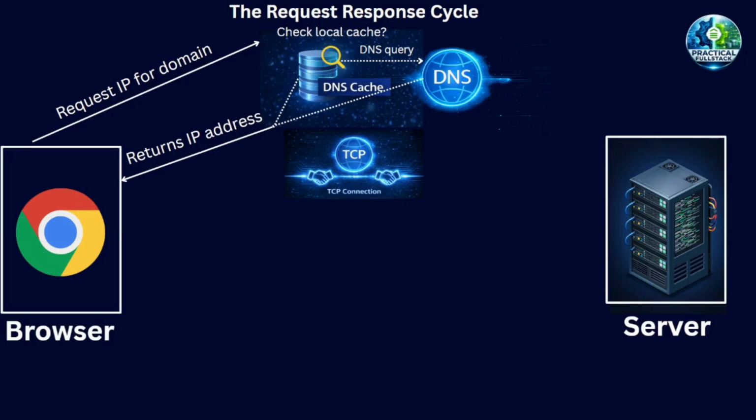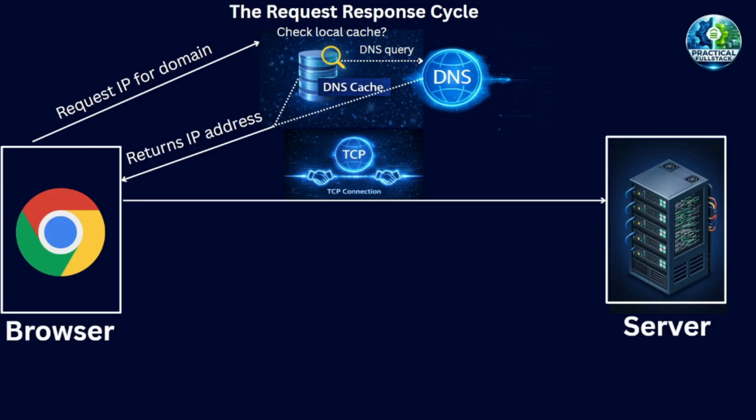Once the browser gets the IP address, it establishes a TCP connection with the server. This happens through a three-way handshake. It is called a handshake because it is similar to how two people shake hands to confirm they are ready to interact.